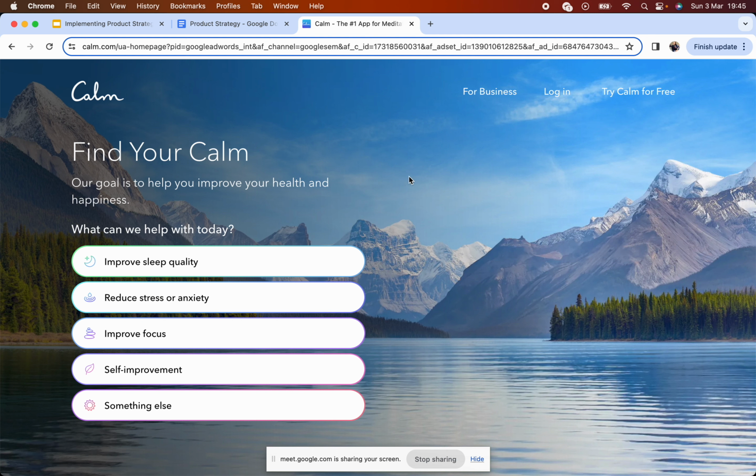If you are Calm and you're offering this product to help people find their calm, to help people find peace of mind, and people subscribed to this when times were really good, they had money, they're fine to pay $20 a month. As soon as things become tight, I don't think they'll be continuing to pay $20 a month.